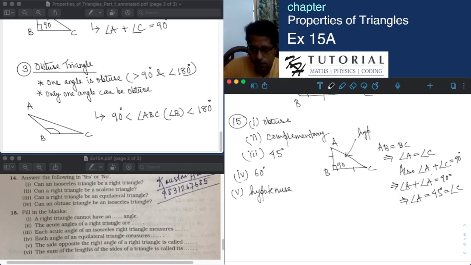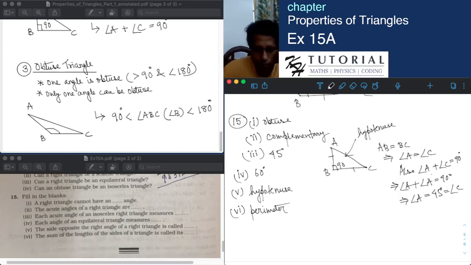That is, if angle B is the right angle in a right triangle, then the side opposite to angle B is AC, which is known as the hypotenuse. And the sum of the lengths of the sides of a triangle is called the perimeter. I hope we are okay.